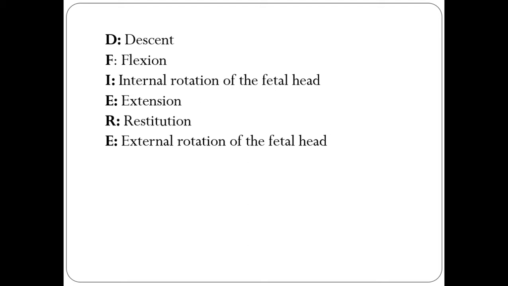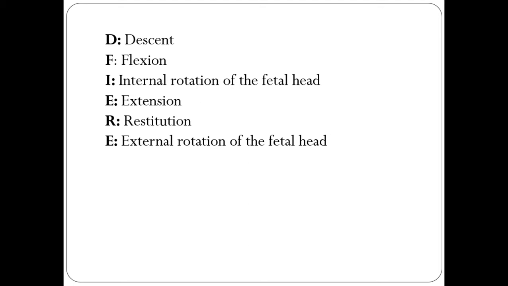So descent first will make the baby's head pushed from the abdominal cavity into the pelvic cavity. In the pelvic cavity, the baby's head is taking 2 movements, which are increased flexion, then internal rotation.